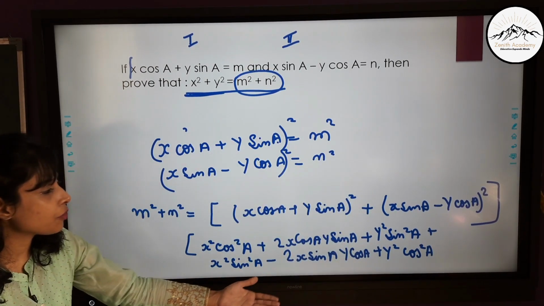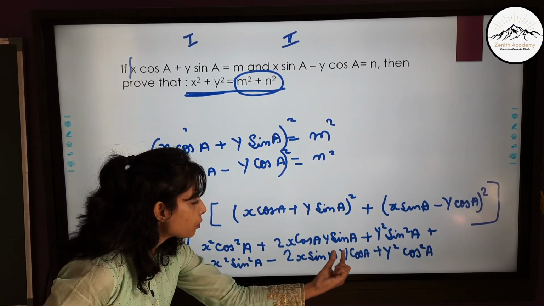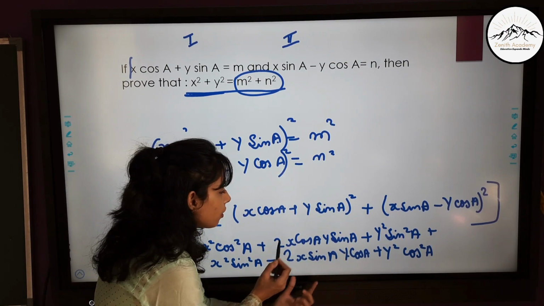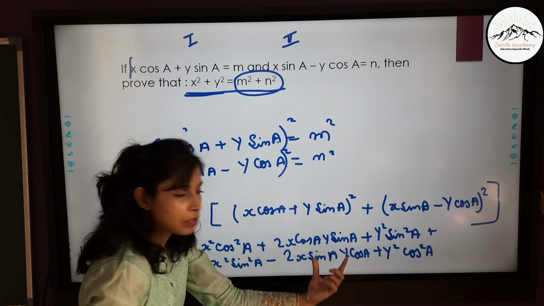Now please see this carefully, this is very easy. In multiplication the terms can be shuffled, and this is actually the same term.